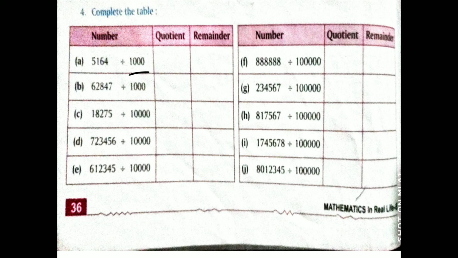How many zeros are there? Remove that many digits from the number and put them in the remainder. Clear? This is a rule you have already done in previous classes. So there are 3 zeros. So how many digits will I remove from the number? 3 and put them in the remainder. So here comes 164 and what is left? 5. Now again how many zeros? 3. So 3 digits I separate and put in the remainder, and 62 will come here.